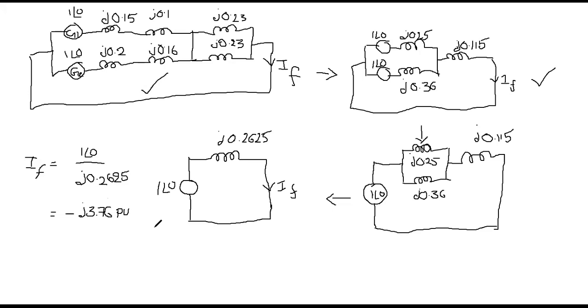But what is the actual value? Before determining the actual value of the fault current, first of all you have to determine the base value of the current. How can we determine the base value? IB is equal to, now kV base, power 100 MVA, we have considered MVA base 100 into 10 power 6, divided by, this is per phase, so root 3 multiplied by 132 into 10 cube.